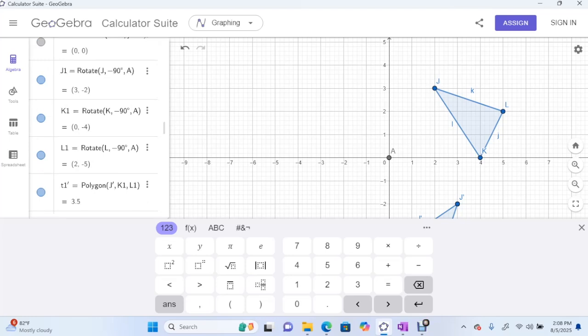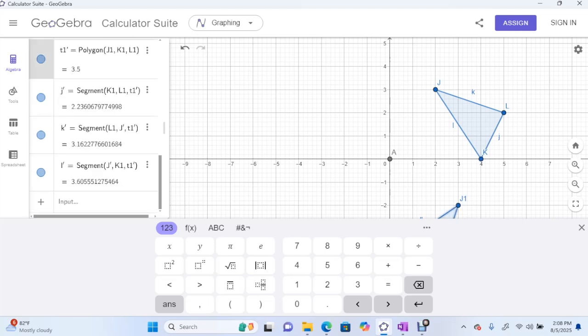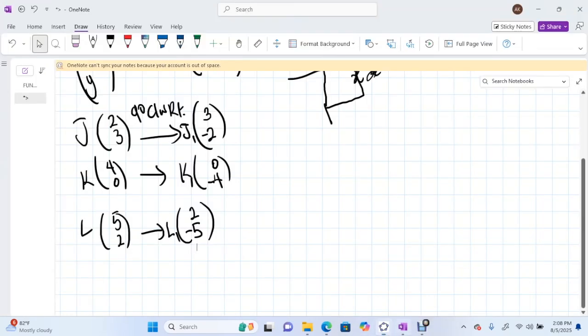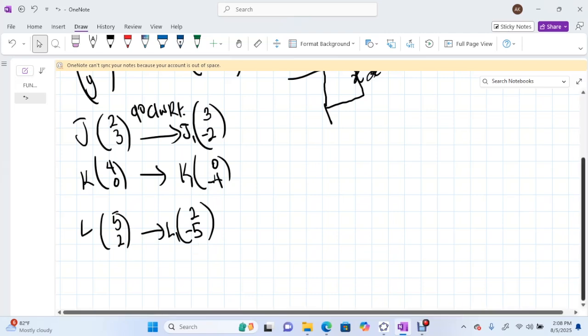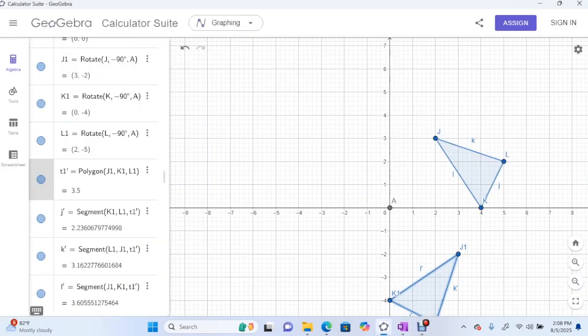So if you are doing this on your graph sheet, all you have to do is to plot the points after obtaining these points here, like 3, -2, 0, -4, and 2, -5. You plot each of the points, and then after that you join them with your ruler, and then you will get something like this.